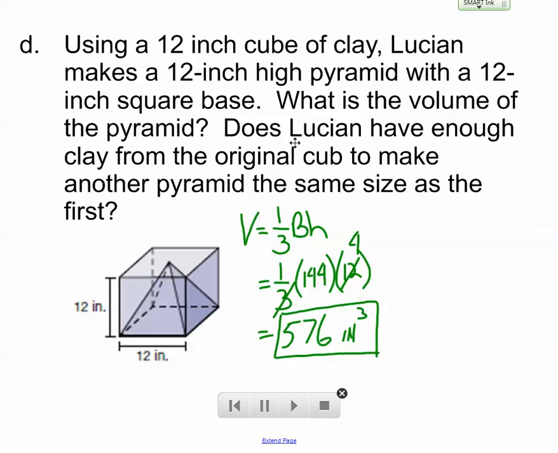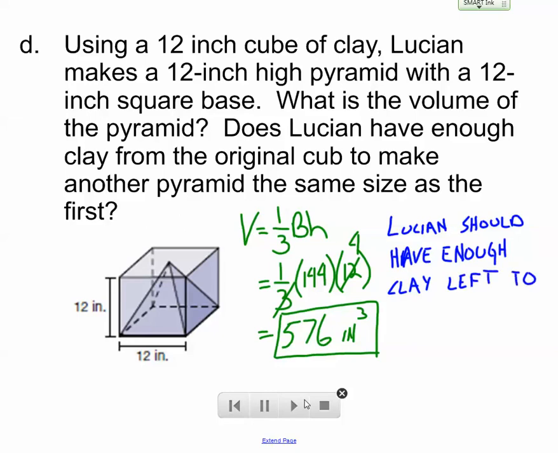Now they also asked, does Lucian have enough clay from the original cube to make another pyramid the same size? Not only does he have enough left over, guys, but without even doing any calculations, I will tell you that Lucian has enough clay to make 2 more pyramids that are the exact same size.